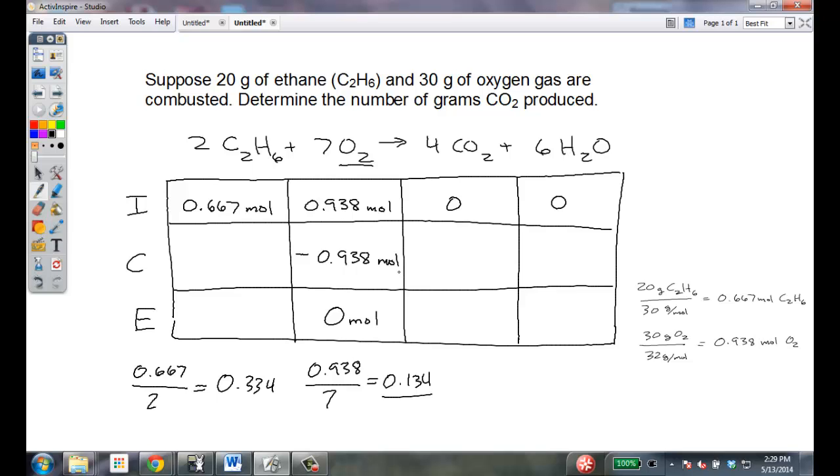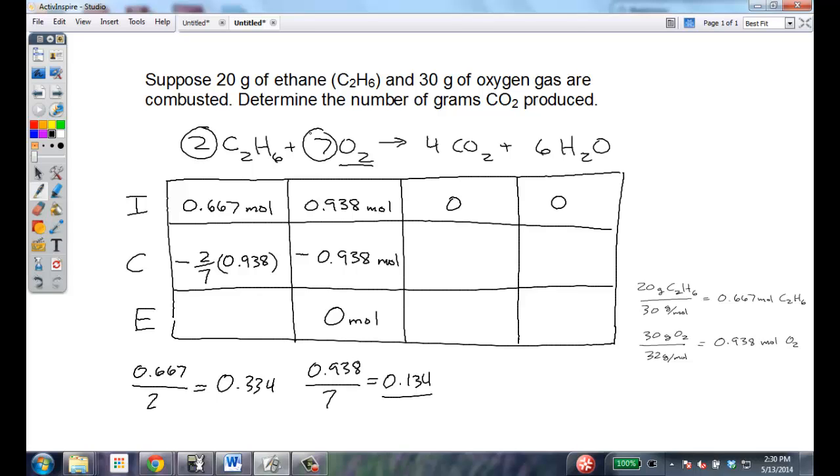What's nice is that this C box also tells me what I can put in the C box for the C2H6. What I'm going to do is I'm also going to subtract from here as well because I'm still removing C2H6. It's just a different amount, but it's based off of the amount of the limiting reactant, 0.938. And then I'm going to put the mole ratio in front of this parentheses. In this case, it's 2/7. And I'm just getting that from the coefficients of the C2H6 and the O2.